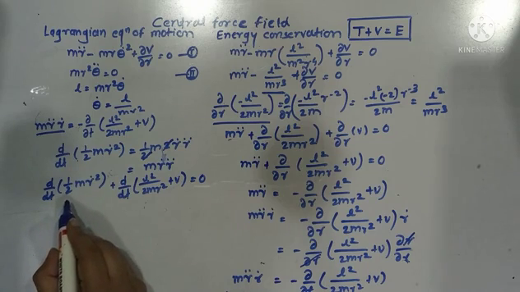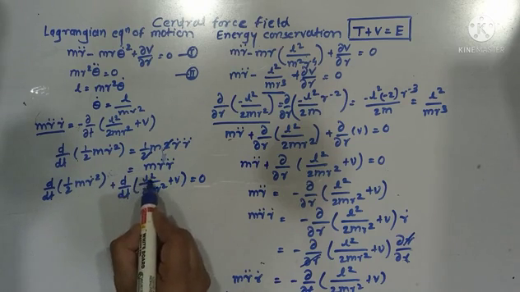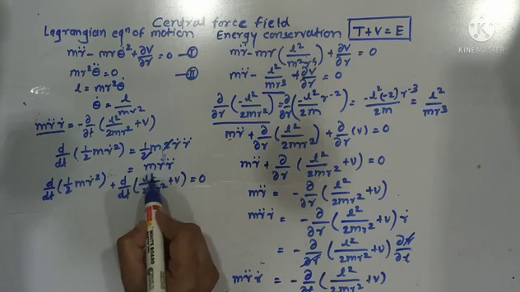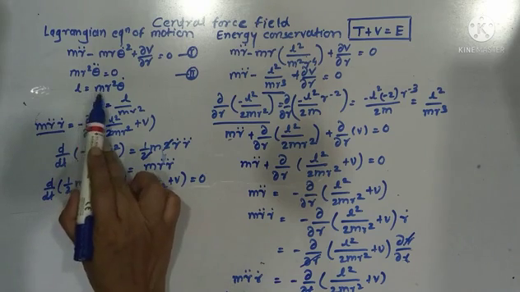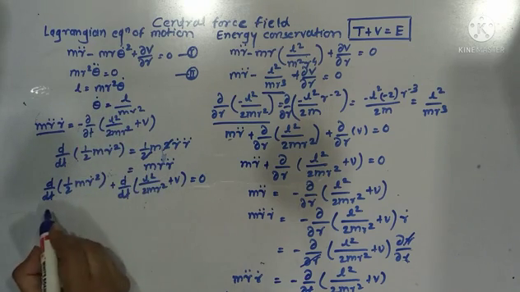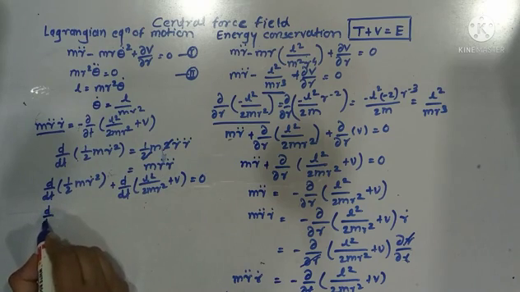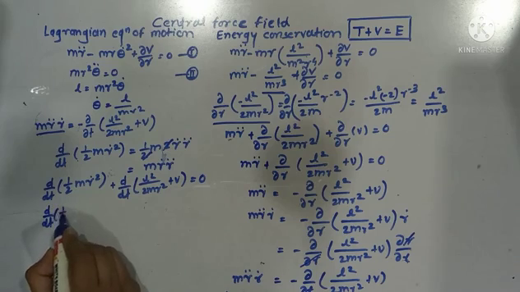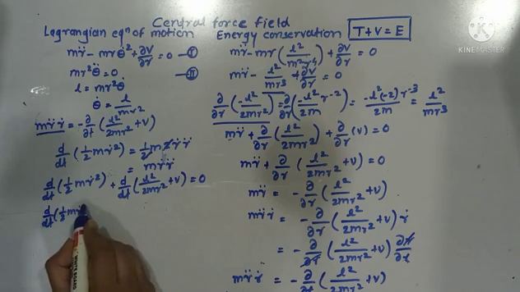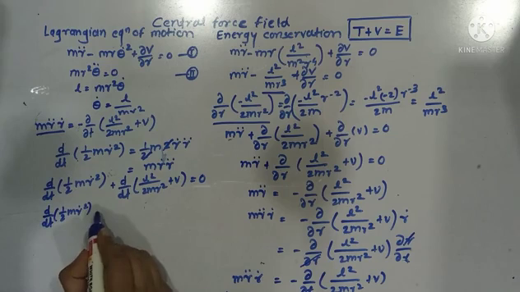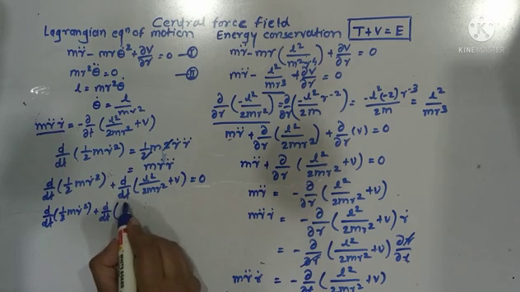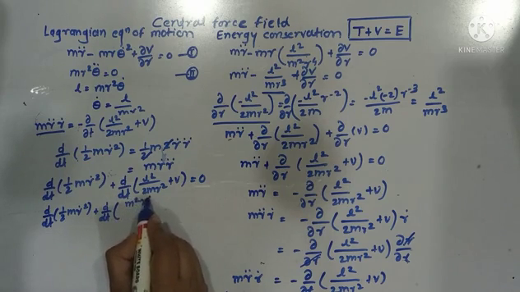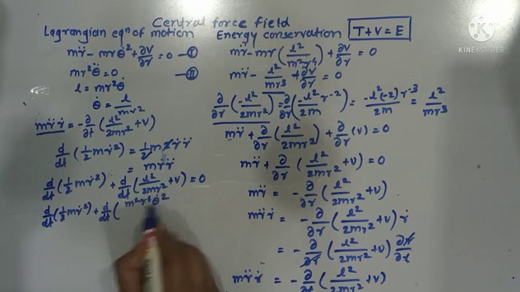I can replace this L square, or I can put the value of this L as m r square theta dot, and when I do this, d by dt of 1 half m r dot square plus d by dt of m square r raised to 4 theta dot square upon 2m r square.